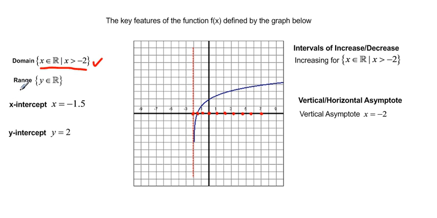The range of the graph is y is an element of R, which means for any value from the domain, there will always be a real value. I have positive y values here, and on this part of the graph, there will be negative y values. So the range is R, real values. X-intercept: in this case, we read that from the graph.